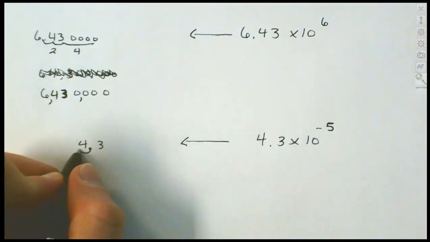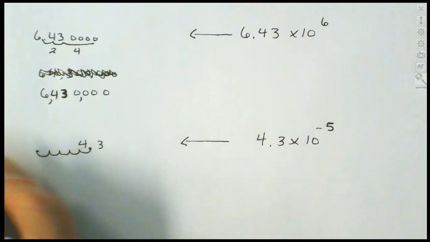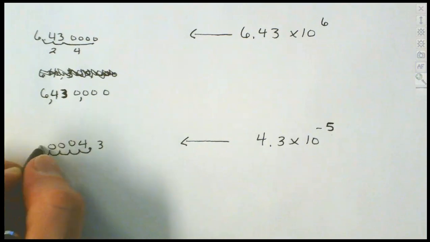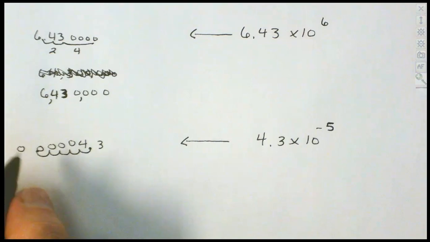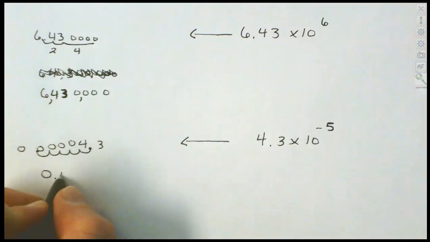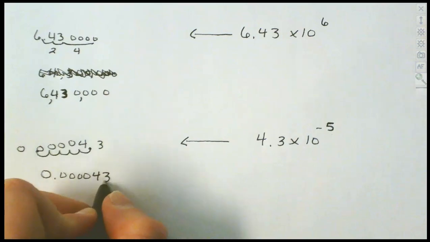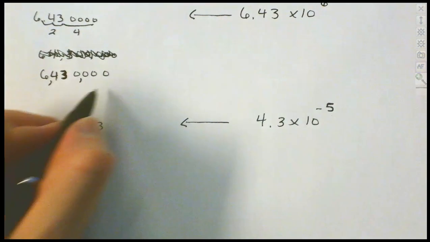So 1, 2, 3, 4, 5. Okay, so it looks like we've got 4 zeros here and a 0 in front. So in standard notation, that would be 0.000043. Okay, so we converted those.